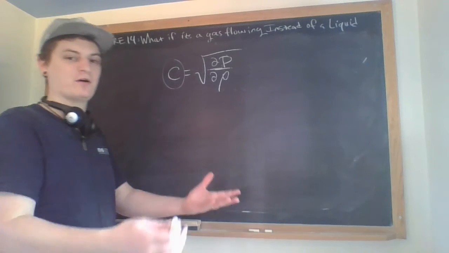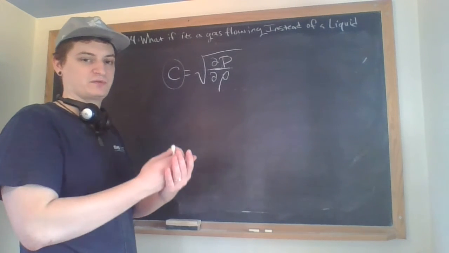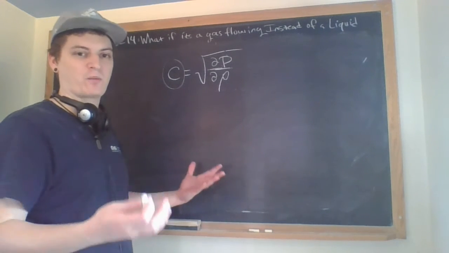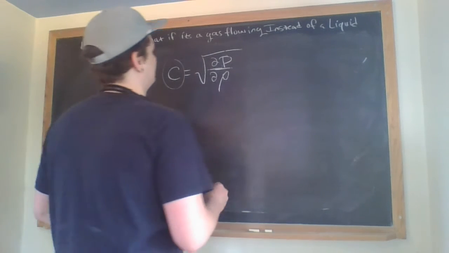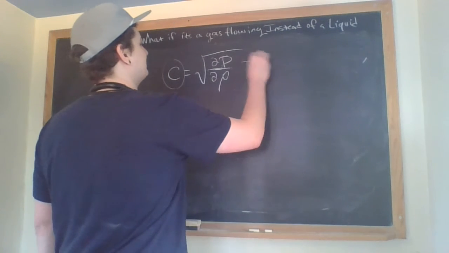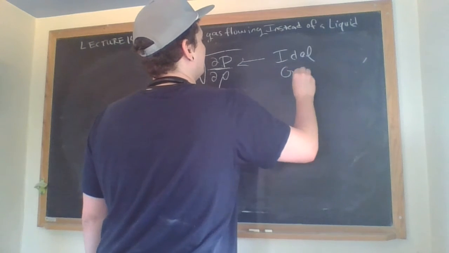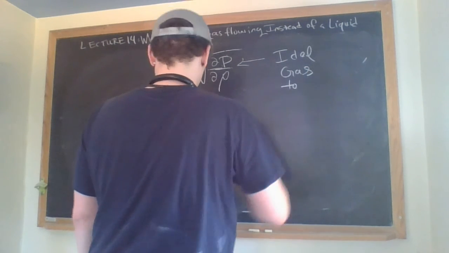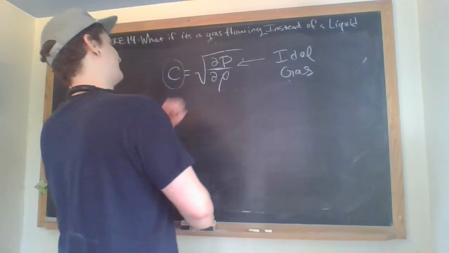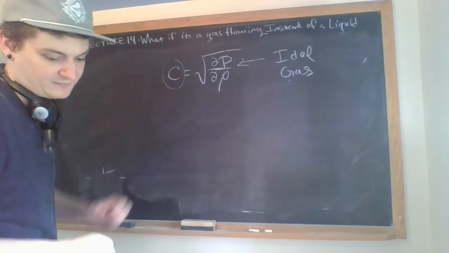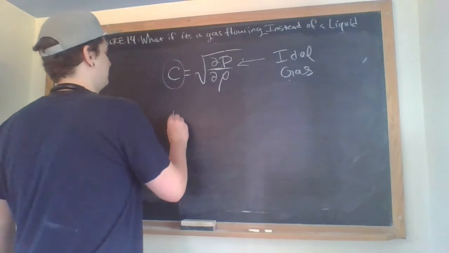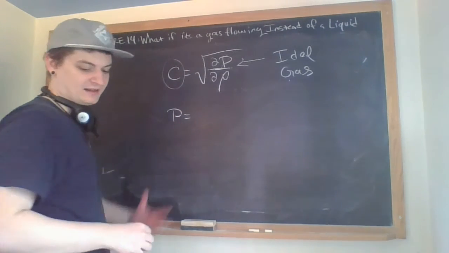Because speed of sound, you're referring to how fast a pressure wave travels through standard air properties. Okay, so when you apply ideal gas, you're applying ideal gas to the right-hand side of the equation. Okay, so you have to use the gamma term.